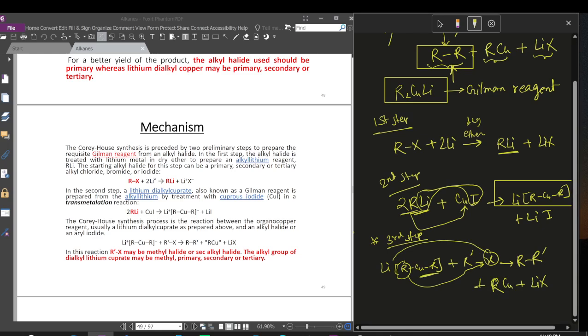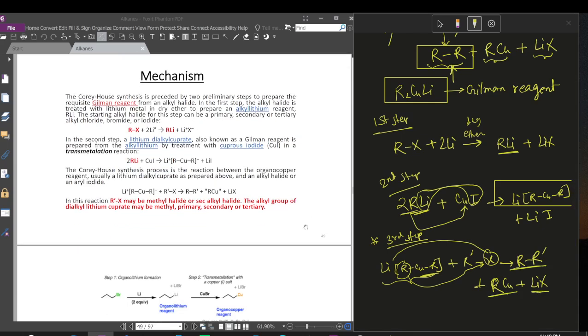So we see that if you react the lithium dialkyl cuprate with alkyl halide, this will form the alkane, then alkyl cuprate, then lithium halide. By this process we can easily produce any kind of alkane.